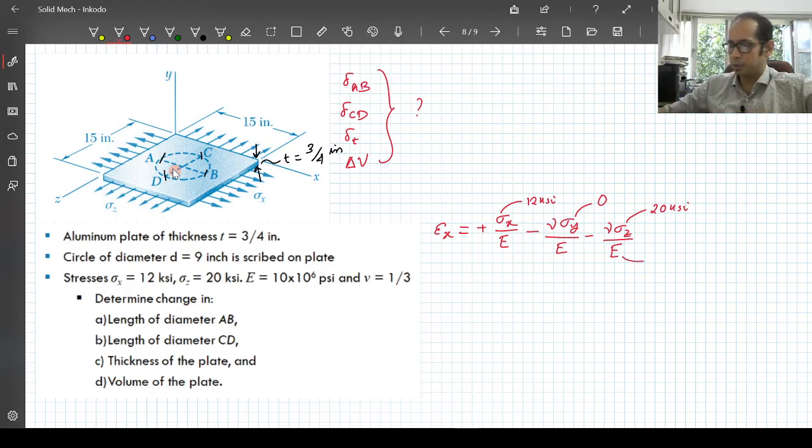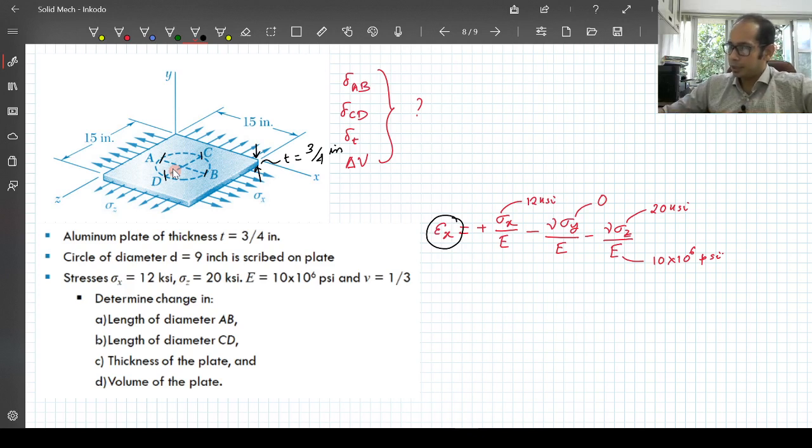It just depends upon the material. It is 10 into 10 raised to 6 psi. Once you have these quantities, you can directly plug in the numbers and you will get the value of epsilon x. I'm not computing the numbers directly here; you can easily do that, or on the next page I will provide the numbers we get.